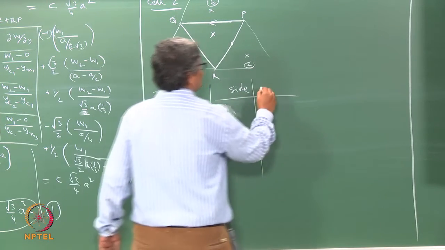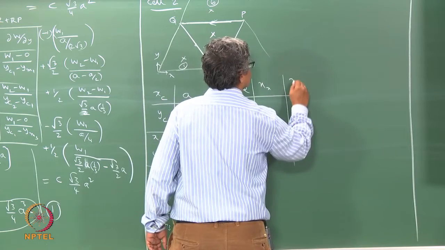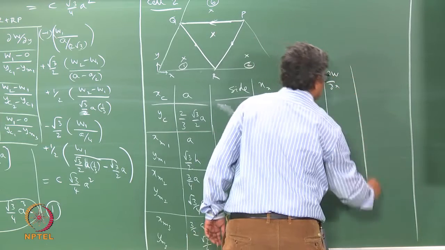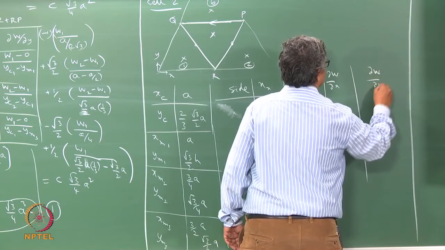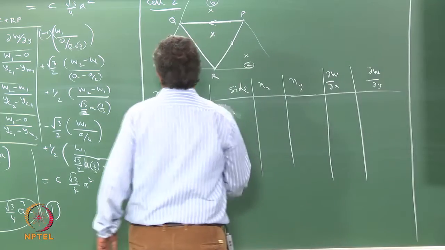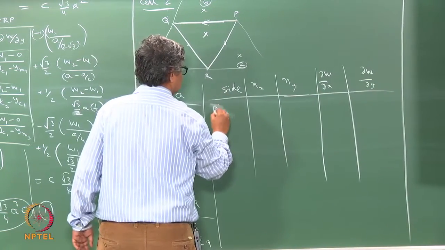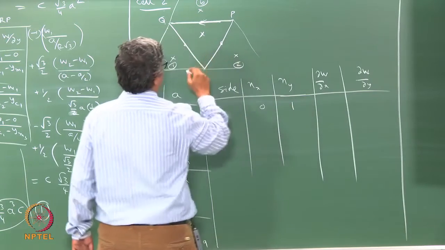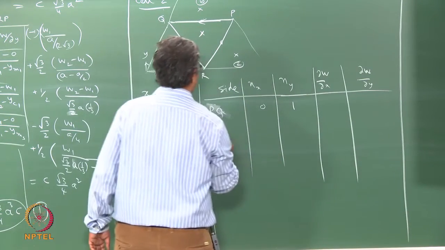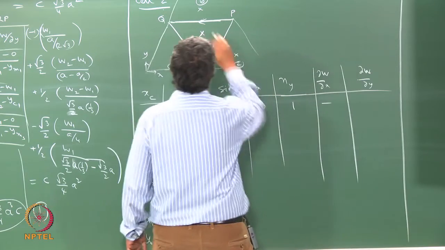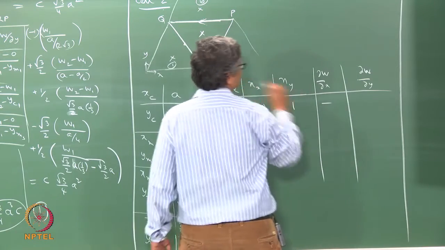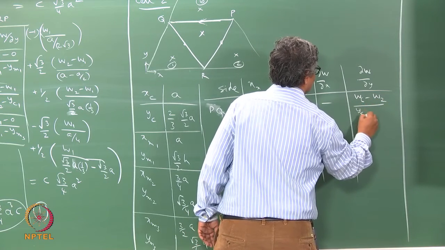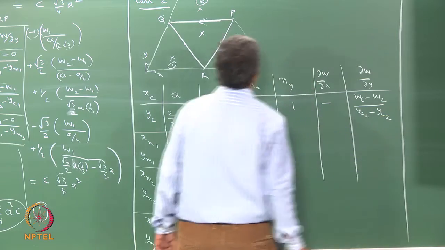So, let us go and write the side and then nx, ny, dou w by dou x, dou w by dou y. Okay. So, now for the side starting with PQ, nx is 0 and ny is 1, and so dou w by dou x does not matter, and dou w by dou y is w6 minus w2 divided by yc6 minus yc2.